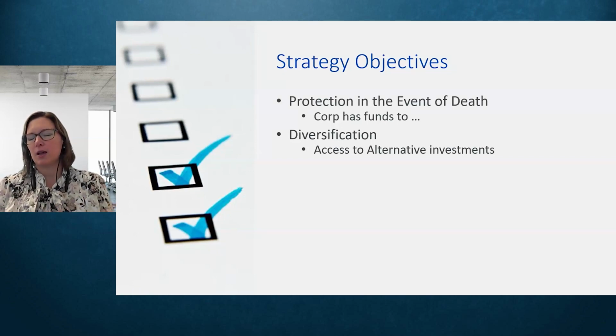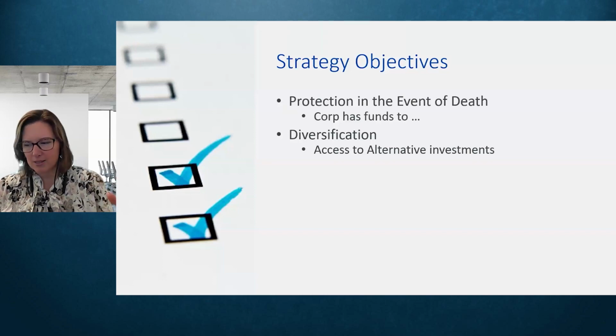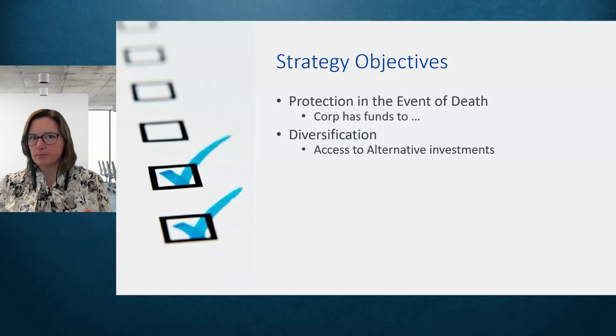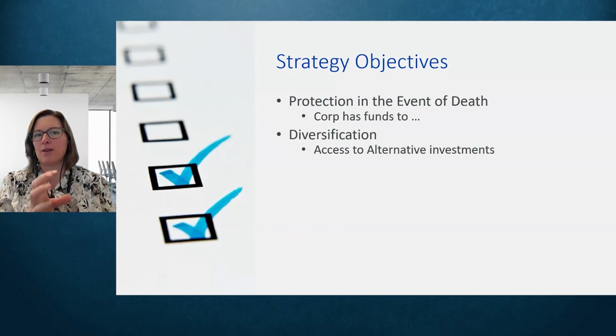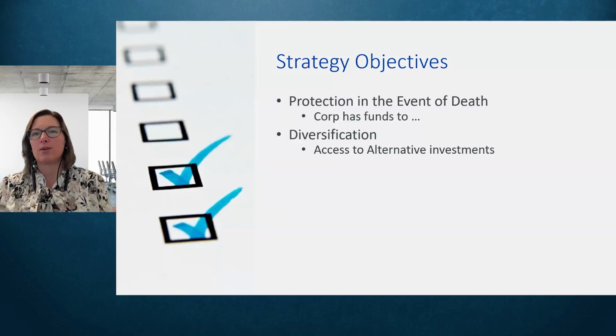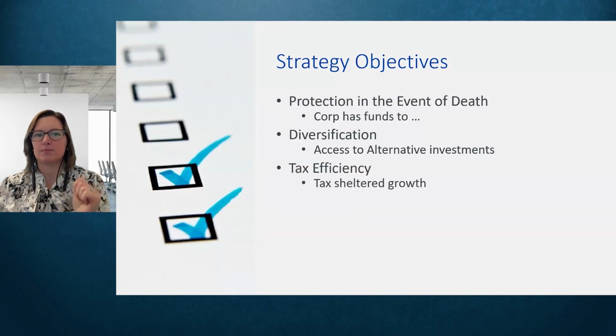Remember in the very beginning, I have the slide up with all the other assets that might be within the company. They might have cash, they might have inventory, they might have other securities, perhaps. Maybe they have real estate, whatever it is. This is just another way of adding another layer of something that's going to diversify their portfolio. We'll get into that in a little bit more detail in a moment.